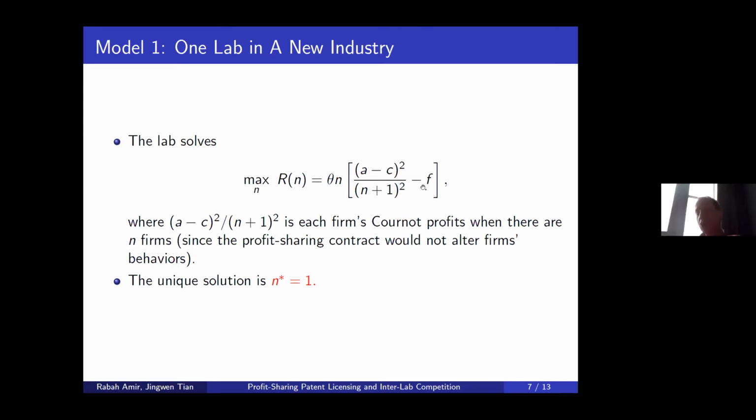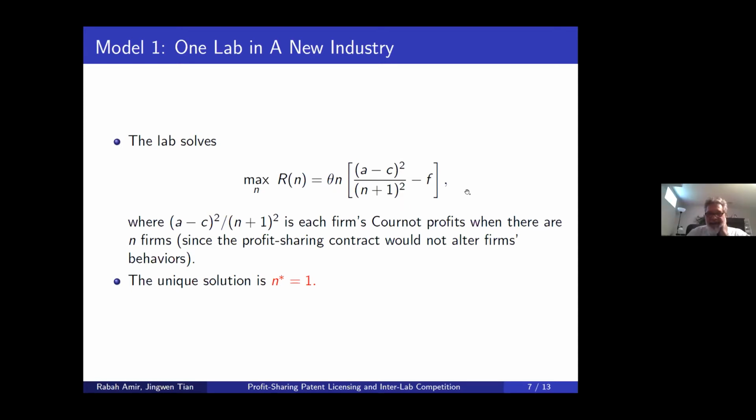No, F was exogenous. F is just how much training cost you need. As throughout the talk, this F is just the cost for each firm to enter this industry and operate, for instance, training costs. So in the usual divisionalization story, this theta is just one, because it is the total profits. But you have changed the story.